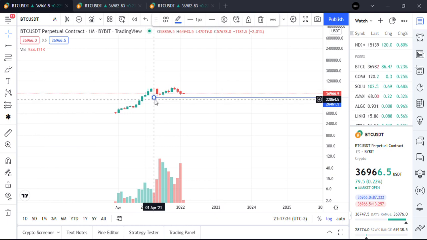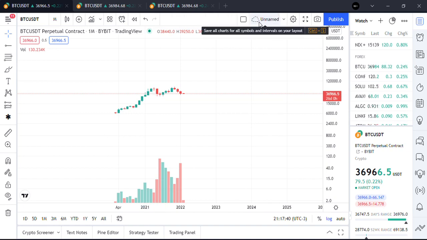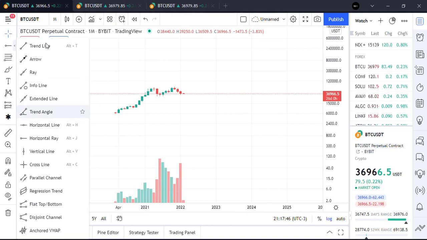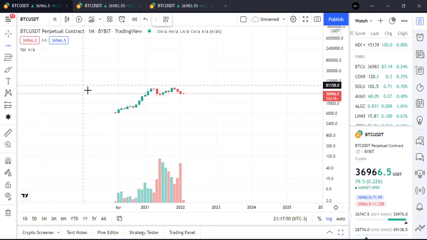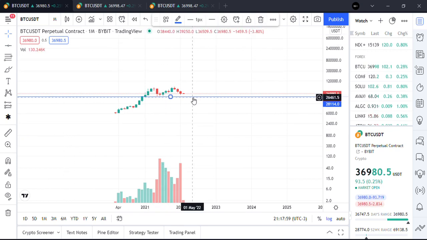You can also change it and use something else, like the horizontal line. I know we mostly see this in our chart.